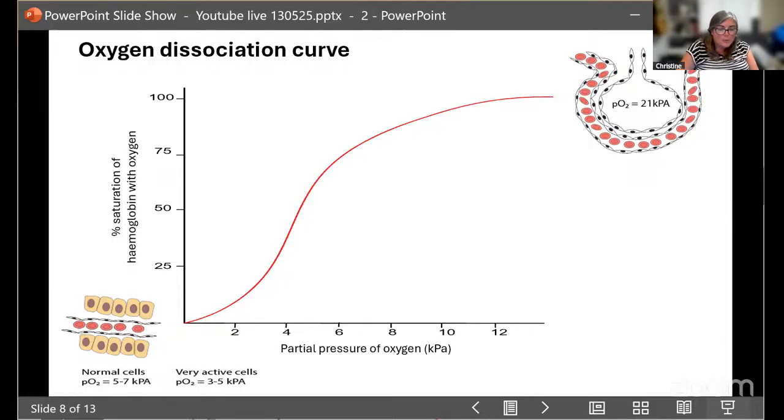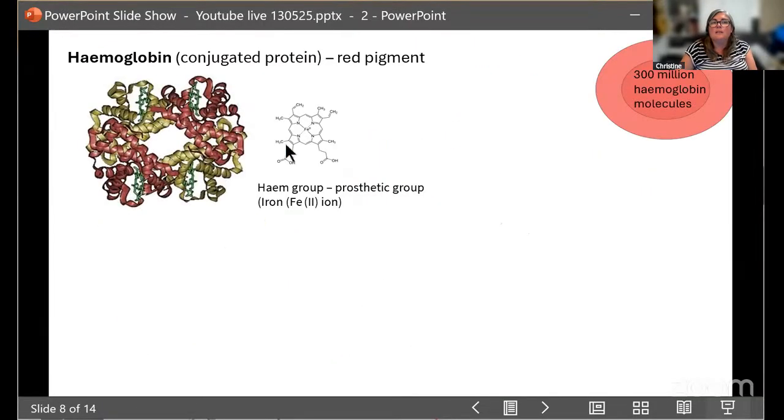I always take students back to the fact that erythrocytes have this conjugated protein. They have 3 million hemoglobin molecules inside the cell.